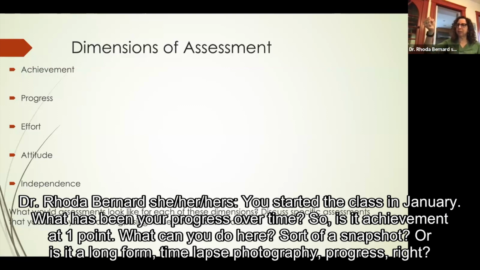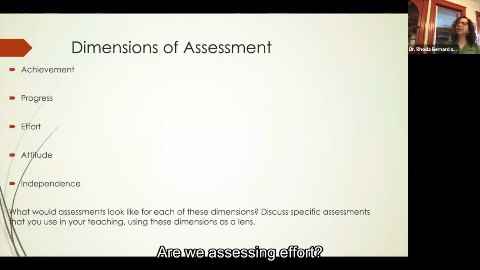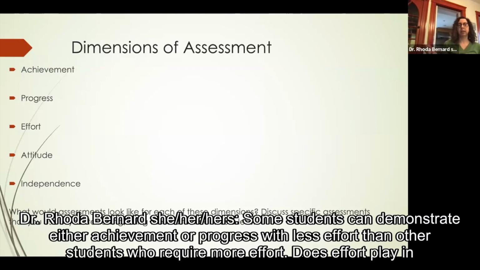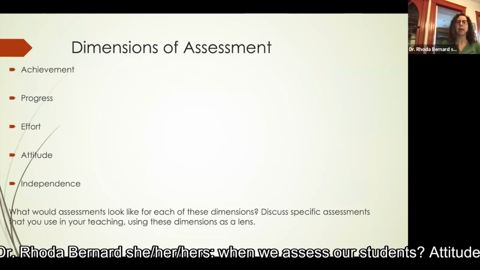So is it achievement at one point? What can you do here? Sort of a snapshot. Or is it a long form time-lapse photography progress, right? Are we assessing effort? Some students can demonstrate either achievement or progress with less effort than other students who require more effort. Does effort play in when we assess our students?